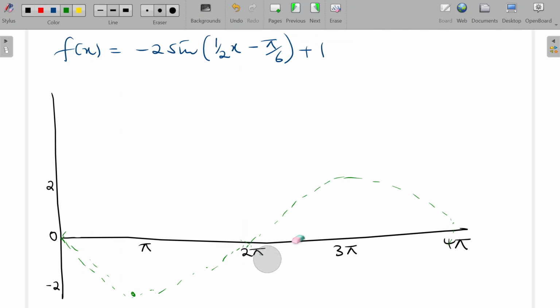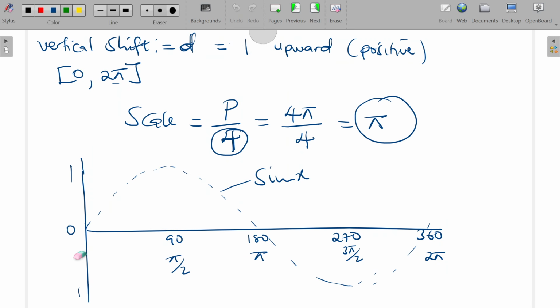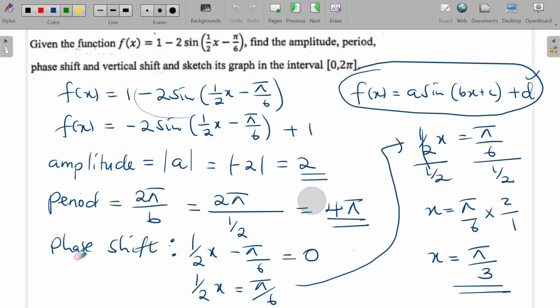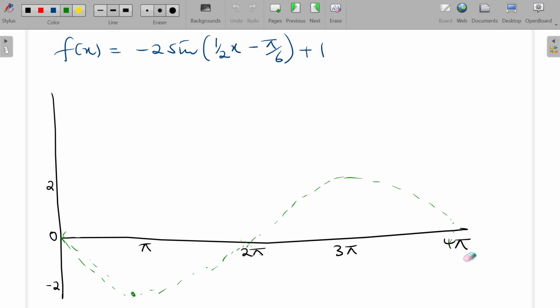As you are sketching, the next step after you've inverted it is the phase shift. The phase shift is how much the graph is moving either to the right or to the left. Our phase shift was positive pi over 3, meaning that it is moving to the positive side by pi over 3.